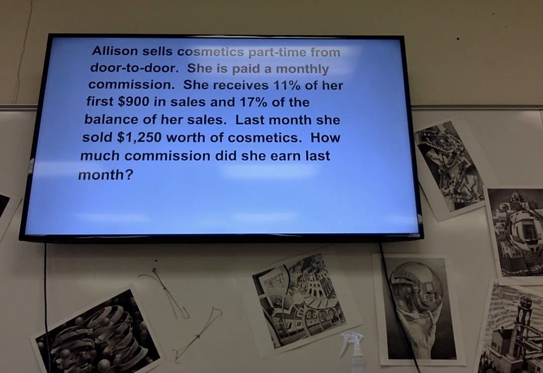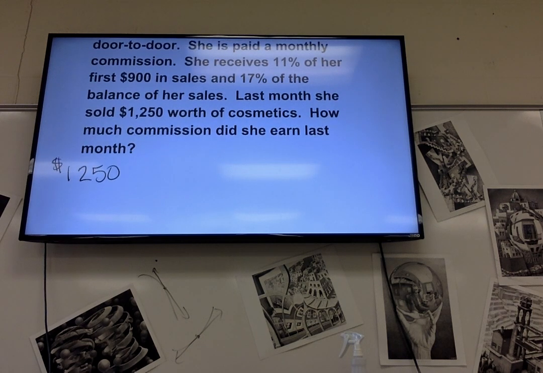So what we need to know is she sold a total of $12.50. And she gets 11% of her first $900 in sales. So I'm going to multiply that times 11%. But again, it can't be a percent. I've got to move the decimal over 2 places or divide by 100.